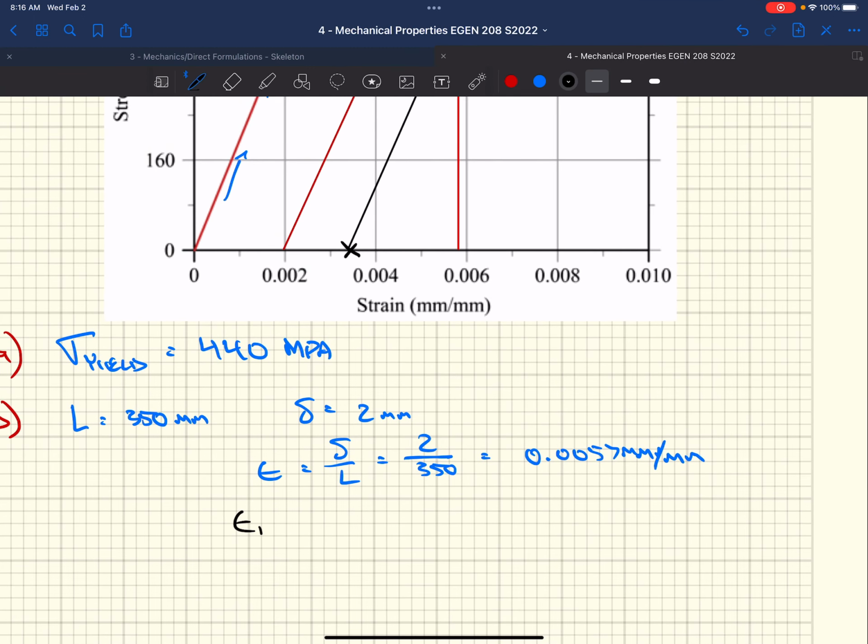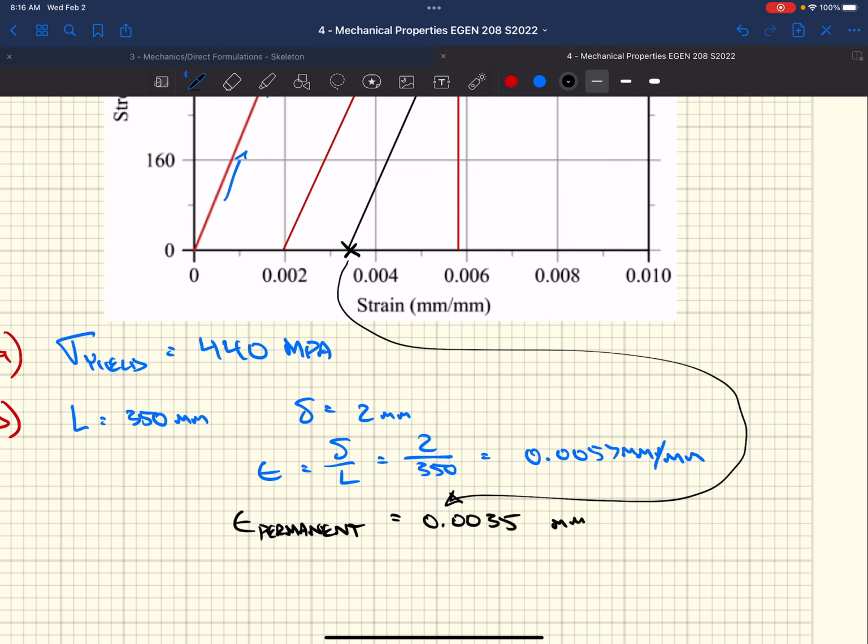We'll call that the permanent strain, and we merely just read it off our curve. Something like that, right? That's how much deformation we've imposed into the bar.